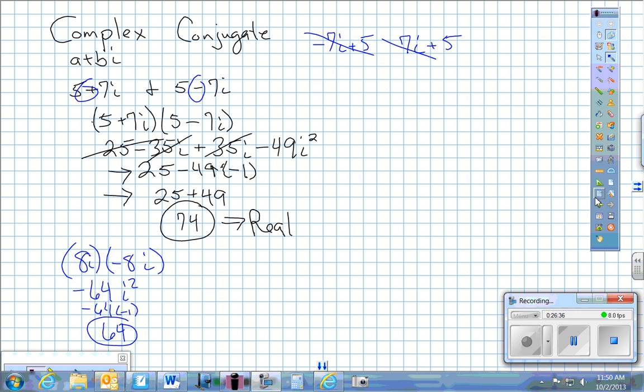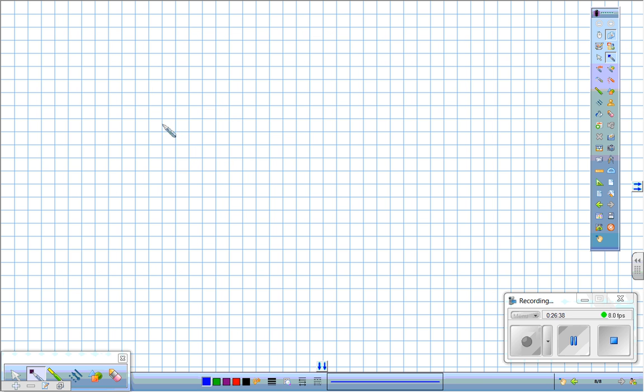The other thing that we don't like, remember how we didn't like square roots in the denominator of a fraction? We also don't like i's in the denominator of a fraction. So if I have 2 minus 5i divided by 1 minus 6i, in order to get the i out of the bottom, the complex conjugate is actually useful.